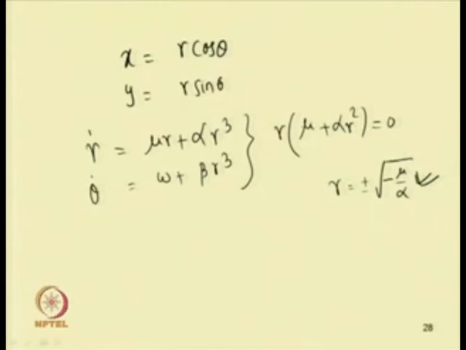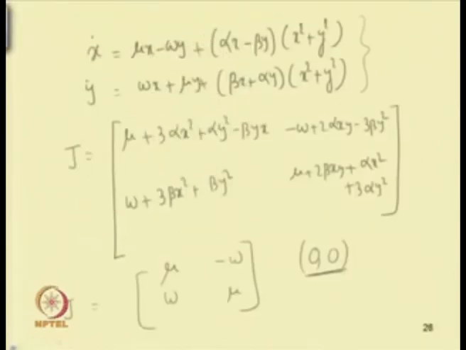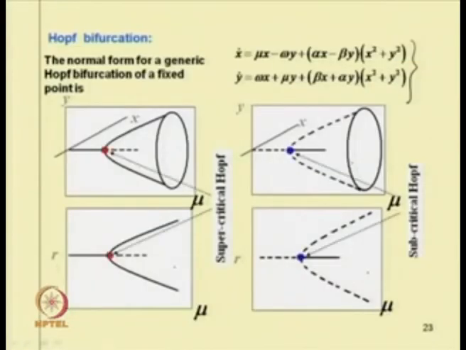So, now by finding the eigenvalue from this, one can plot this thing in r mu state space. In the r mu state space, at this point, that is mu equal to 0, this becomes unstable, and at this point the system will have a response with frequency omega.